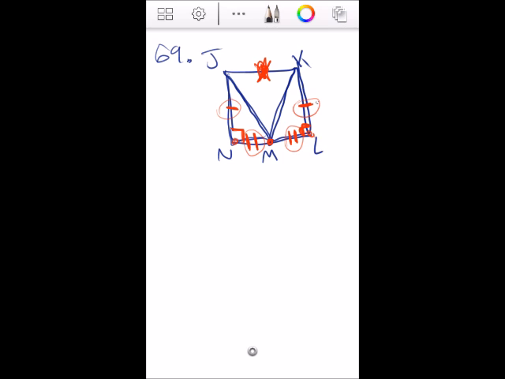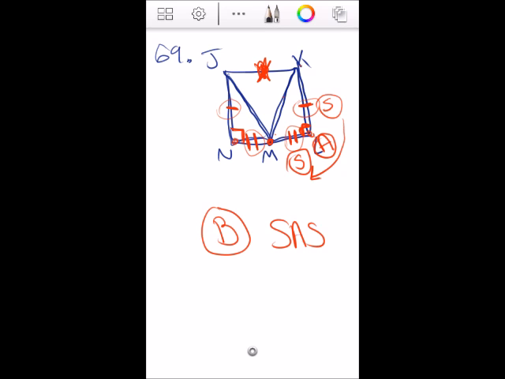If I were to label this, I'd label this an S and keep it because it's important. And I'd label this an A and keep it because it's important. And label this an S and keep it because it's important. And this angle, this side, and this angle are unimportant. So we have side, angle, side, which is answer choice B. You're done! Hurrah!